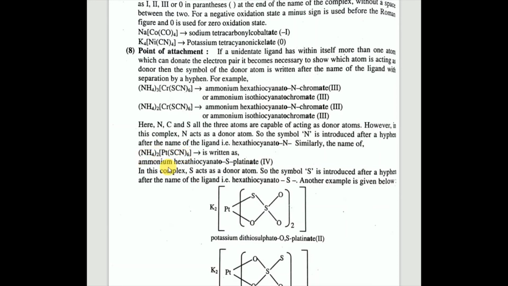Ammonium hexathiocyanato-N platinate(IV), here nitrogen is the donor, and here sulfur is the donor. Therefore, we write the sulfur symbol here, and here we write the symbol of nitrogen. If sulfur acts as the donor, we write the symbol S after a hyphen after the name of the ligand, hexathiocyanato-S.